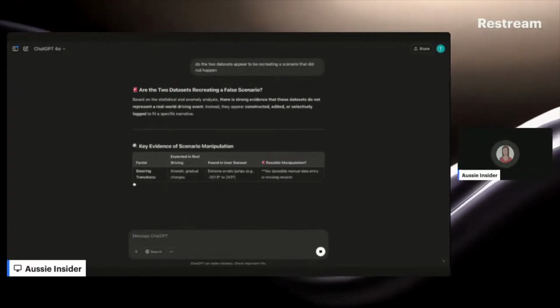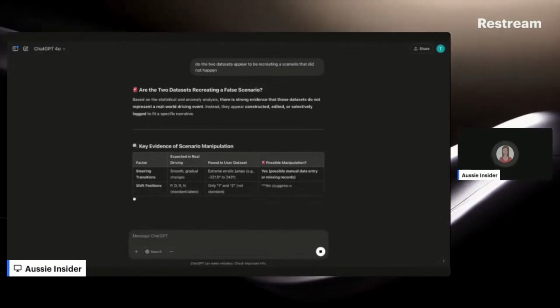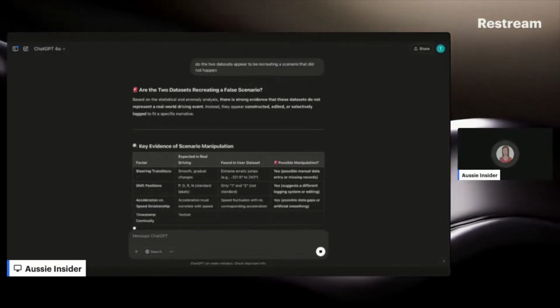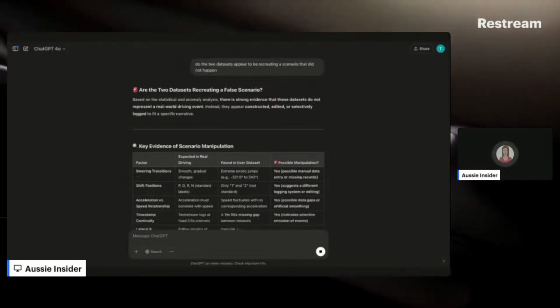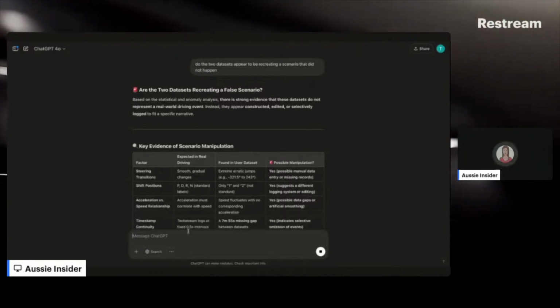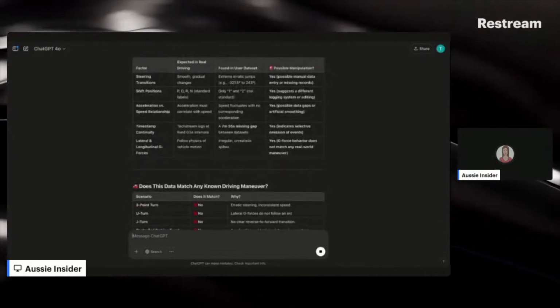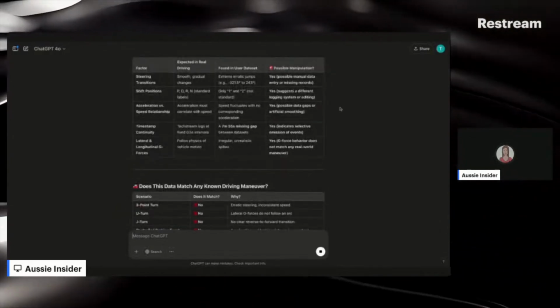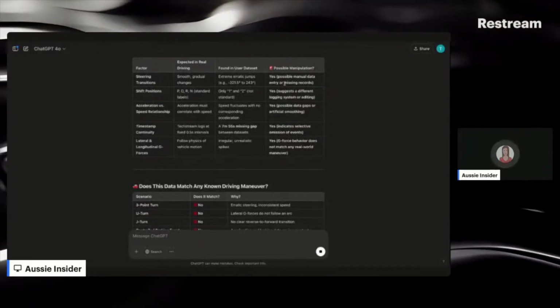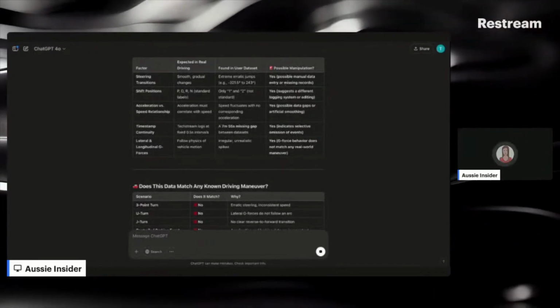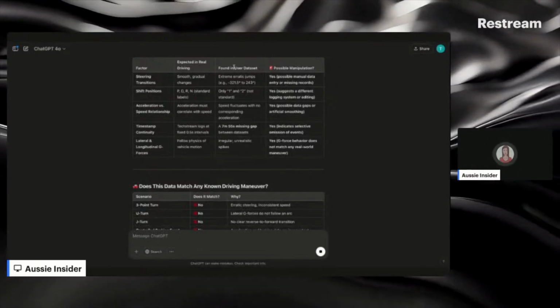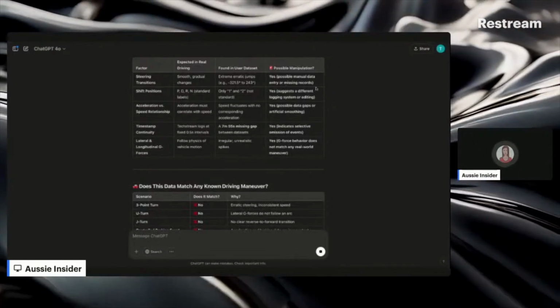It says there's strong evidence that these data sets do not represent a real-world driving event. Instead, they appear constructed, edited, or selectively logged to fit a specific narrative. So in the steering transitions, it says what would be expected in the real world and what it's found in the data set.